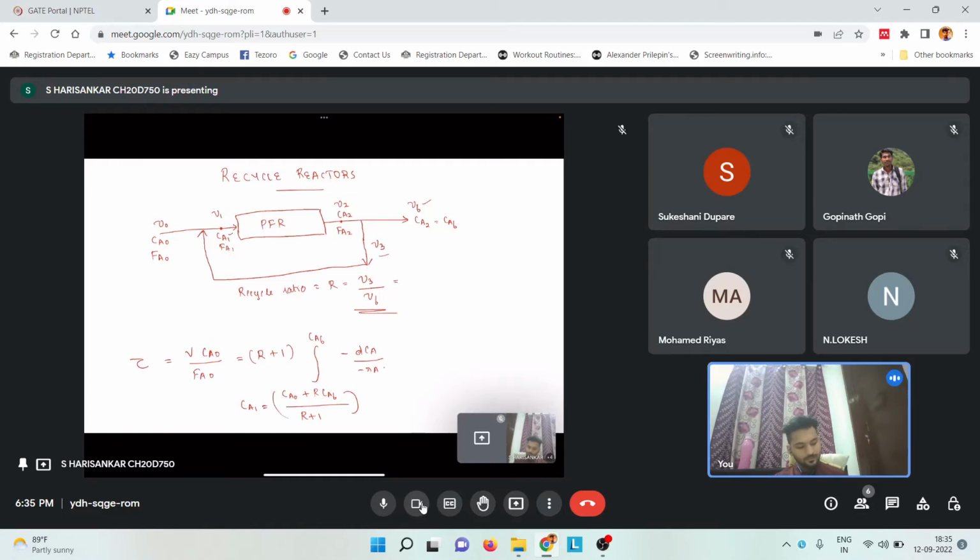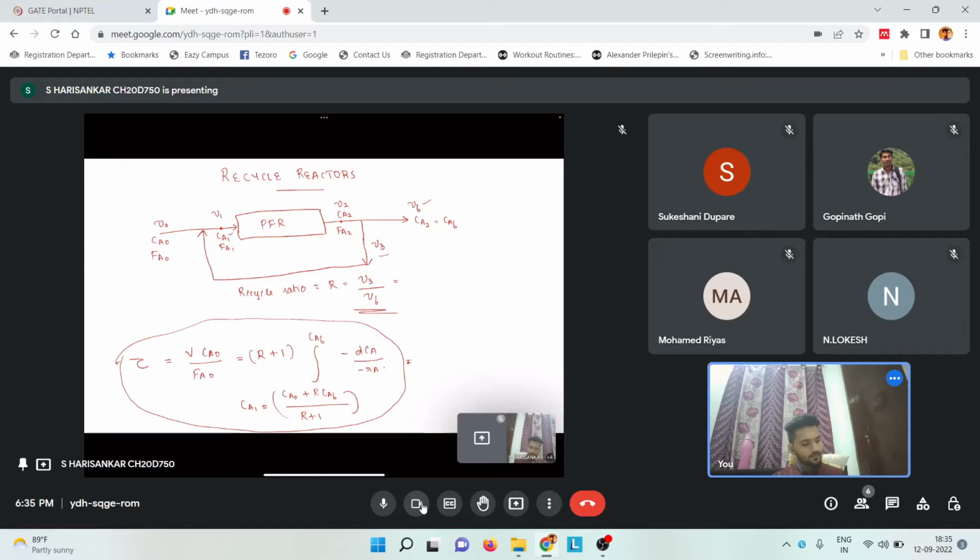So this is the general equation for a recycled PFR, recycled reactor or a recycled plug flow reactor. Okay, so this is just a brief concept that I wanted to touch before we move into the problems.